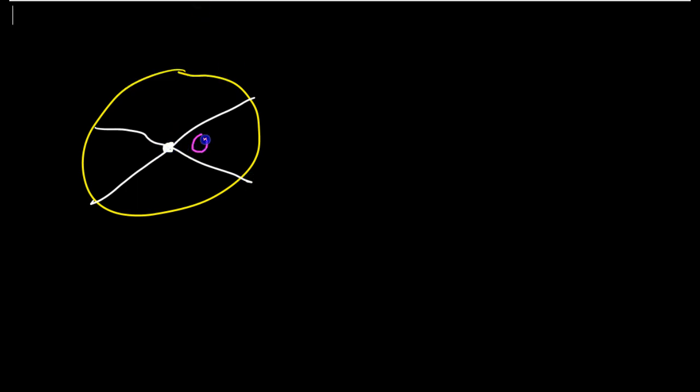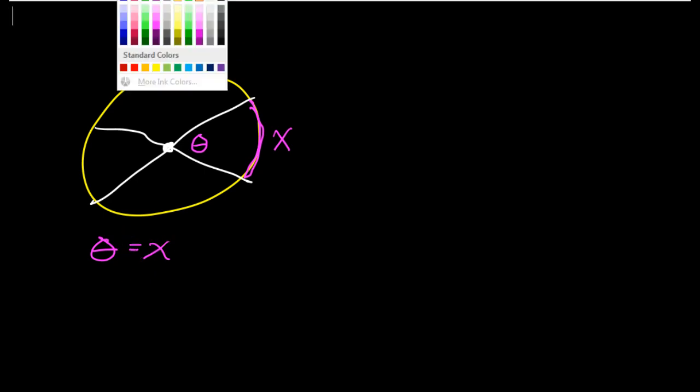Here's the intercepted arc. We'll call the angle theta. Let's call the arc x. If we're dealing with a central angle, then theta is equal to x. Okay, there's my simple formula.